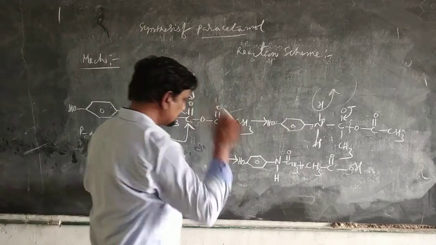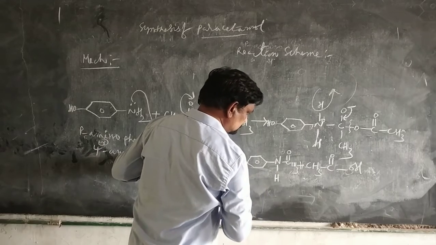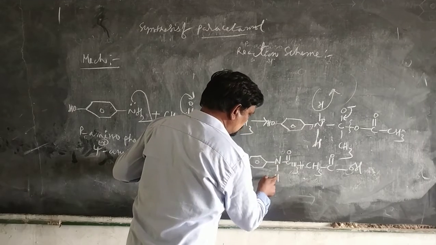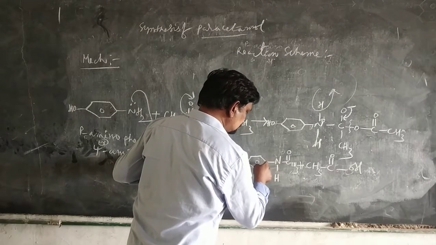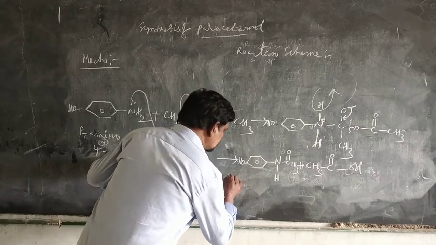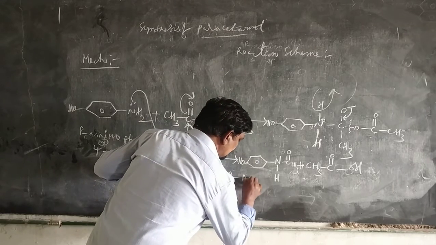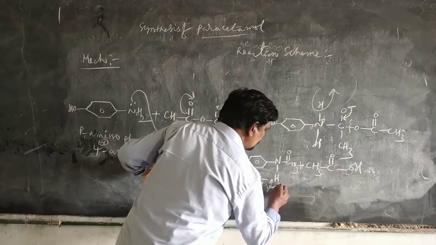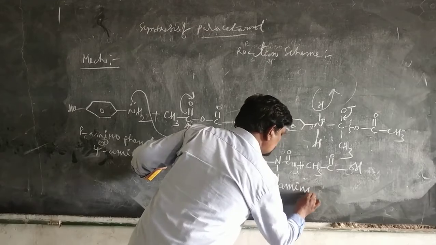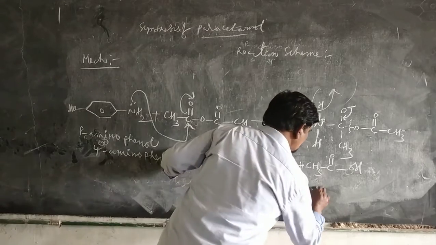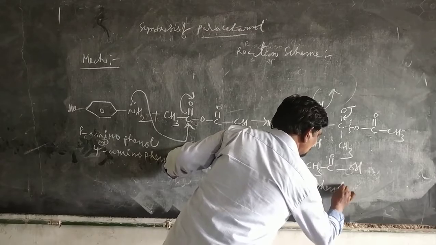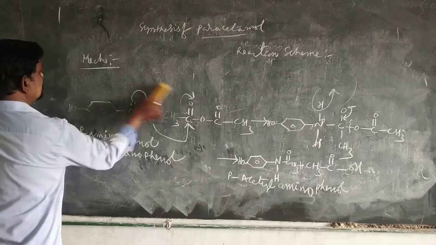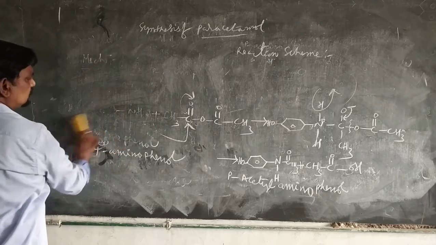So at the para position there is a CH3CO acetyl group and also an amino group. That's why it is para acetyl amino phenol, known as paracetamol.